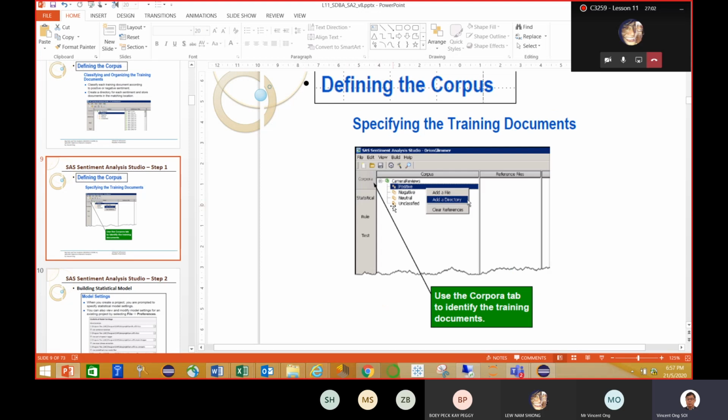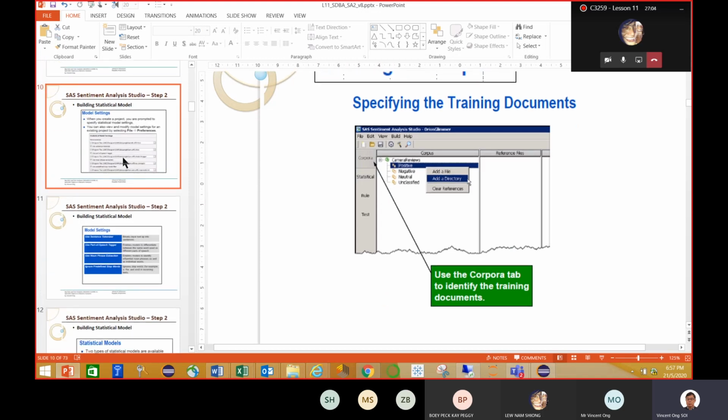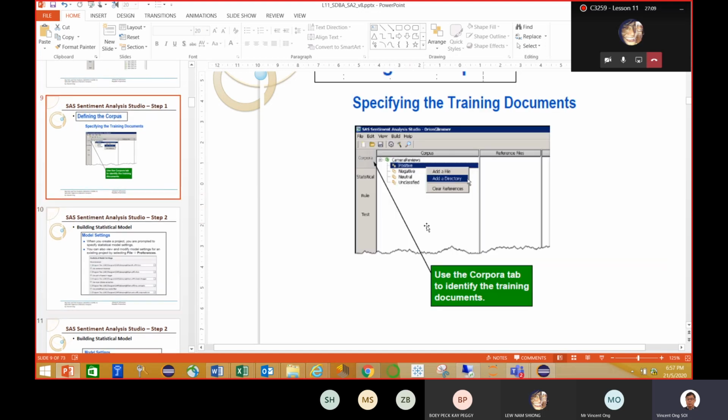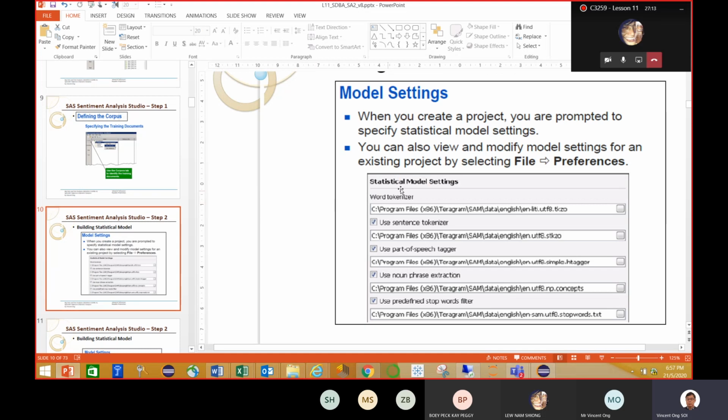When you create a model, when you try to build a stats model, you go through all these things. Basically, what you need to set is all those that we use for text parsing: tokenizer, part of speech, and so on. Now extraction.